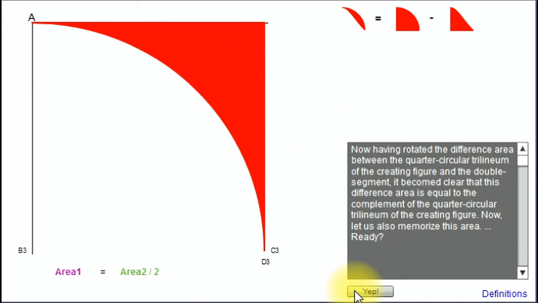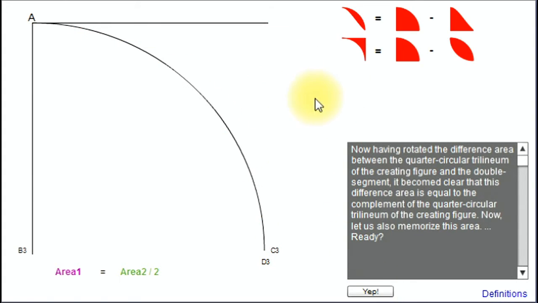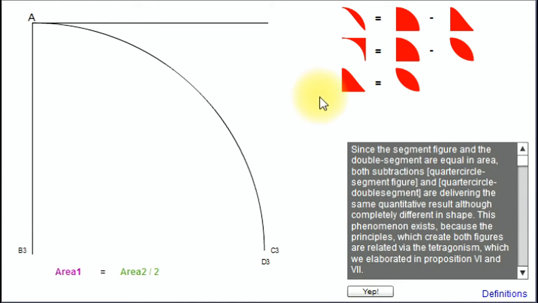So, by the operation we did, we know that this area is the result of the difference of the quarter circle and the double segment. And again, from proposition 8 we know that the segment figure and the double of the segment is basically the same.